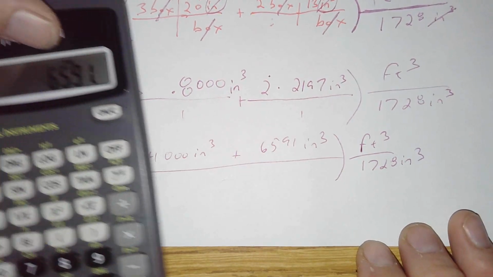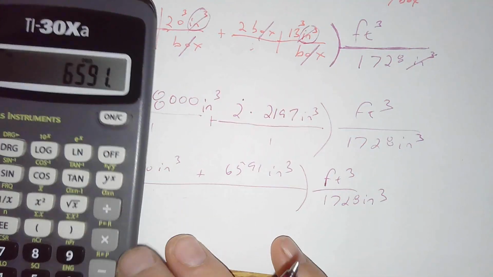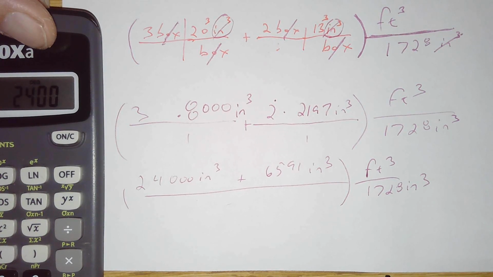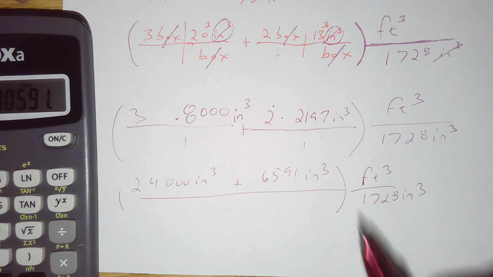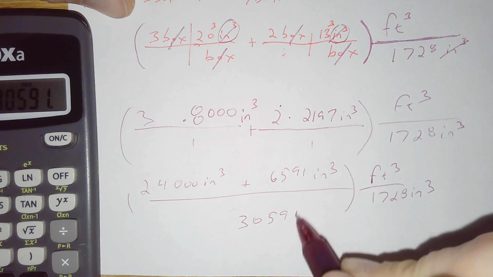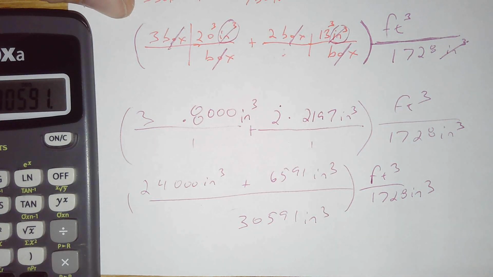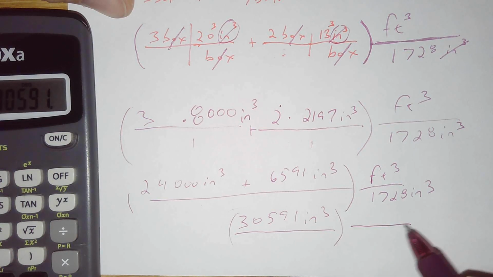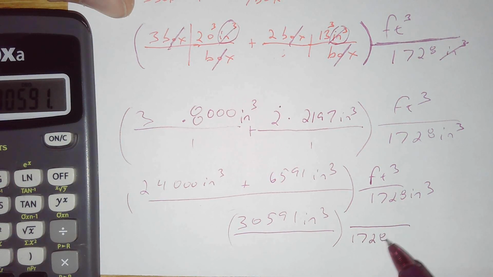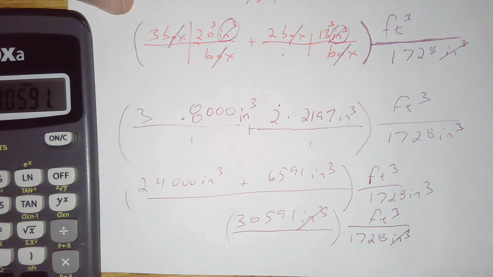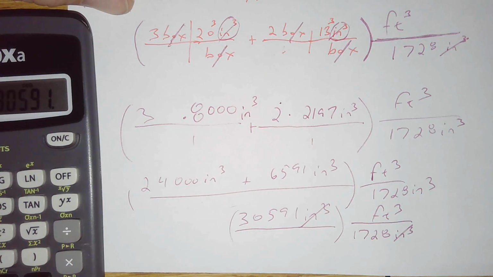All right, so I'm going to add this 6591 to 24,000 inches cubed, which is 30,591 inches cubed, and then that's going to be divided by 1728 inches cubed. Now the inches cubed will cancel out, leaving me with foot cubed.